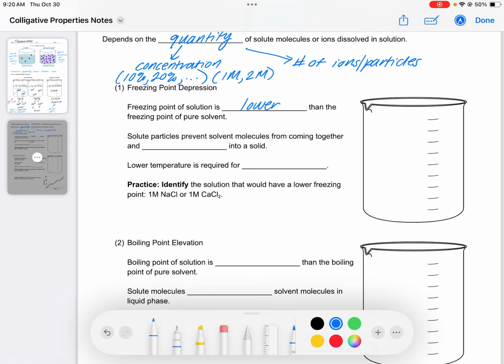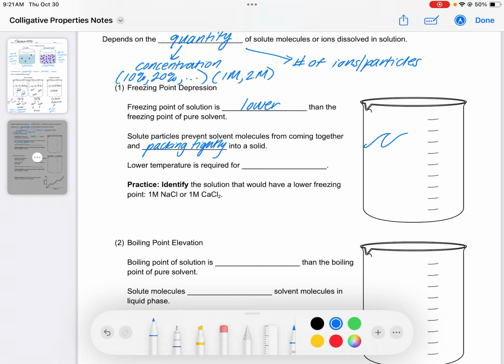The freezing point of a solution is slightly lower than the freezing point when it is a pure solvent. Solute particles, so the particles that are being dissolved in our solution, prevent solvent molecules from coming together and packing tightly into a solid.